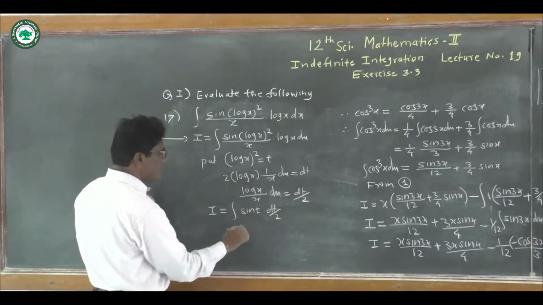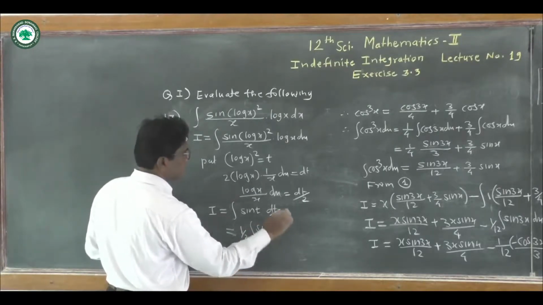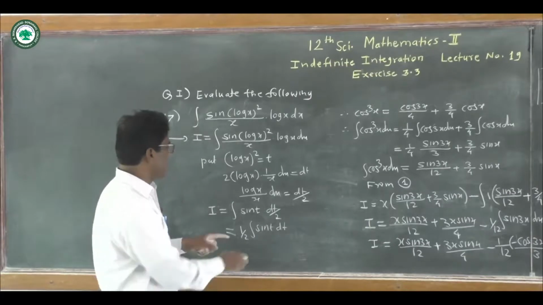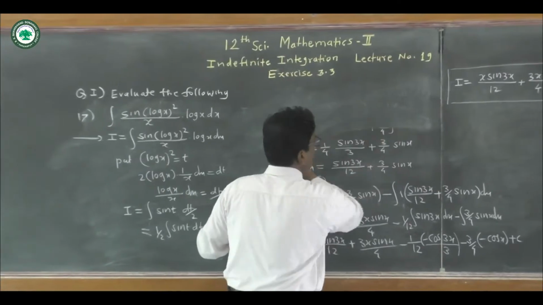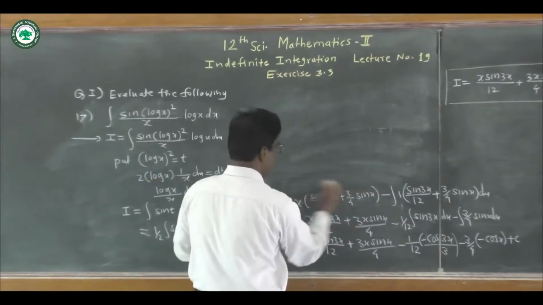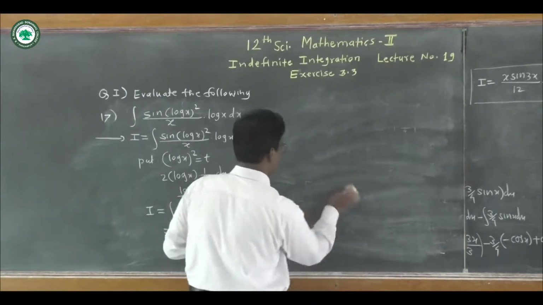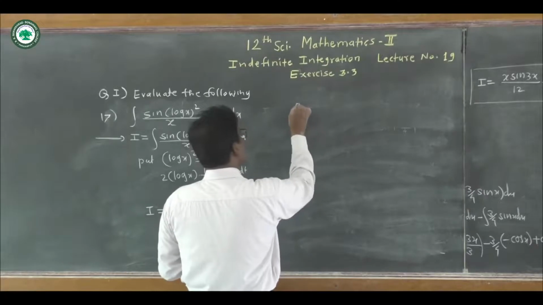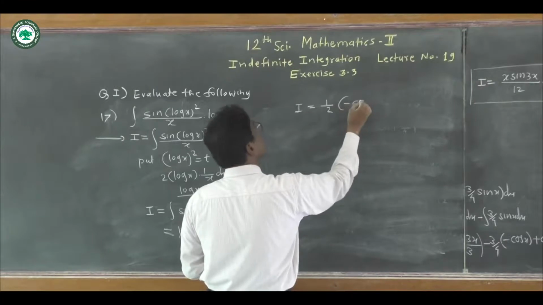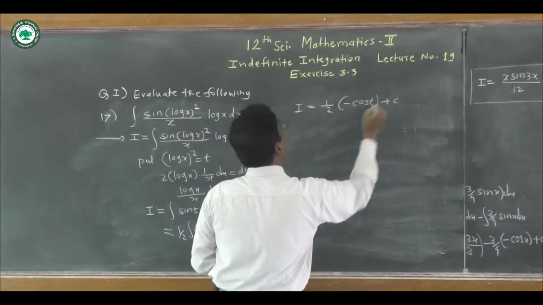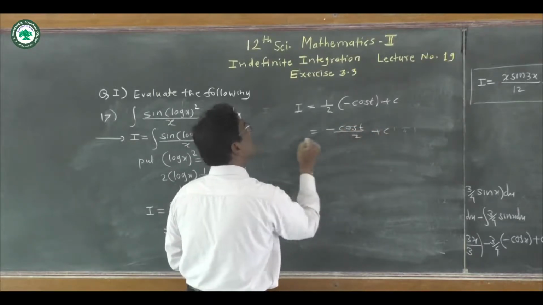This 2 goes outside the integral, so 1 upon 2 integration of sin t dt, and we know that the integration of sin is cos. So the final solution here: I is equal to 1/2 integration of sin t, which is minus cos t, plus the constant of integration, so it is equal to minus cos of t upon 2 plus the constant of integration.